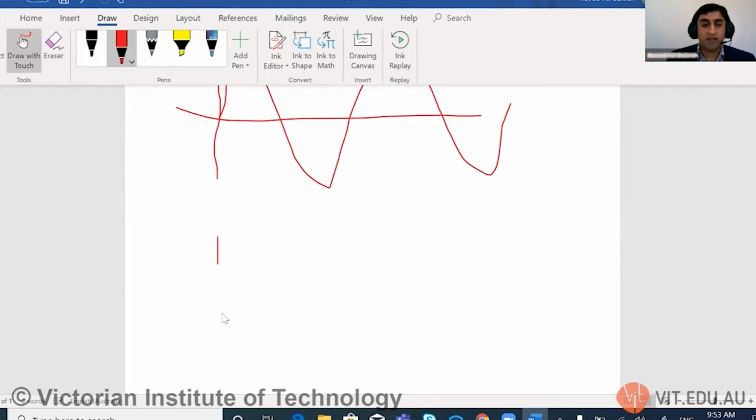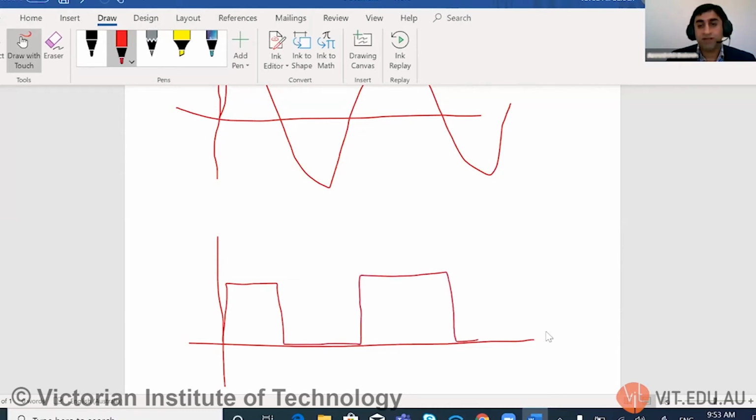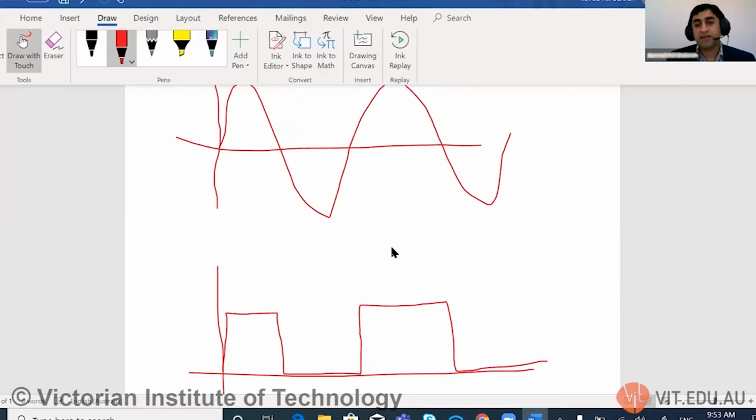It's either a 1 or a 0. So basically, the computer understands digital signals, whereas your telephone lines and the other communication networks understand the analog signal.